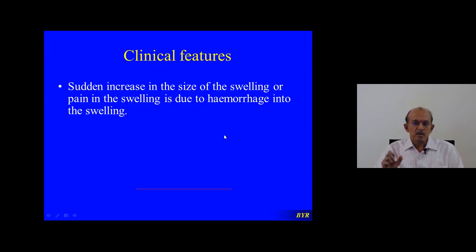Just I will ask one question here, just to check how you respond if a patient comes to you with sudden increase in size of a solitary nodule with dyspnea. So immediately what do you do? You are in the OP, outpatient.